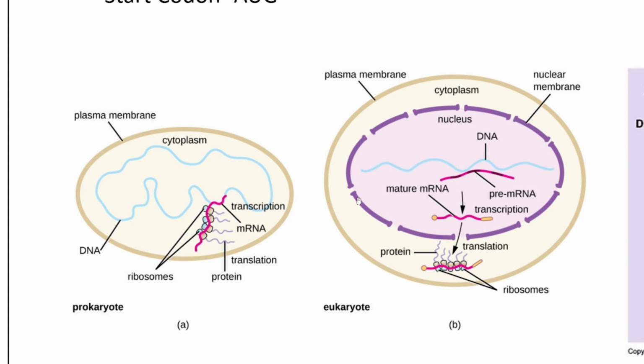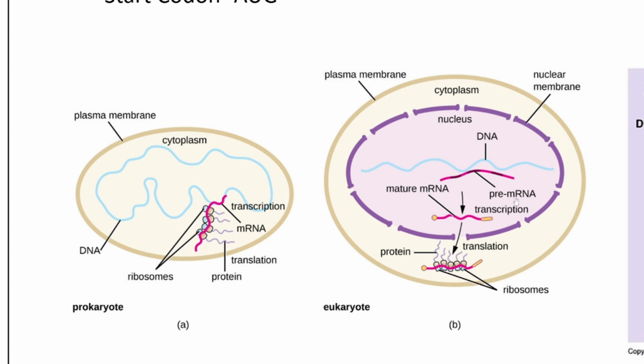Now switching to eukaryotes, you can see this is the DNA. It is present in a well defined nucleus, right? And in this well defined nucleus, this is the DNA which forms first the pre-mRNA. What is this pre-mRNA? It is the premature mRNA which is not completely processed.